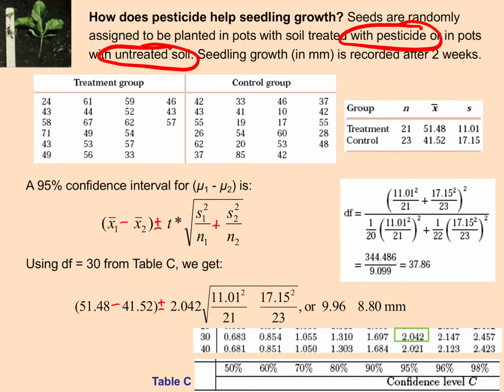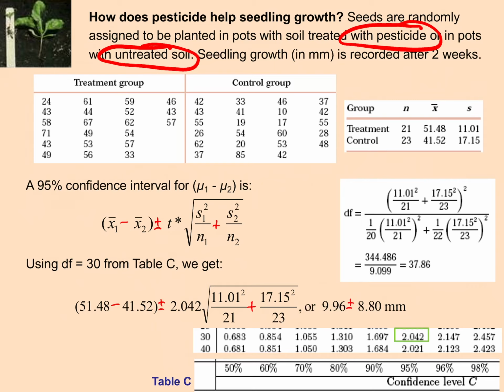That's our t. Multiply that by the standard error of the mean, which is going to be the standard deviation of sample 1 squared over the sample size for sample 1, plus the standard deviation for sample 2 squared over sample 2's sample size. Add those, take the square root, and you get 9.96 plus or minus a margin of error of 8.8.